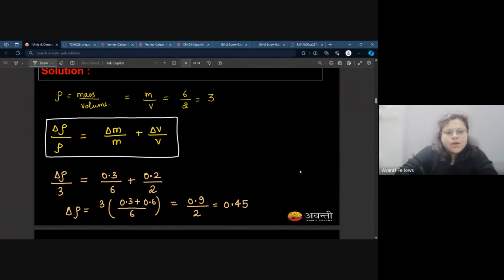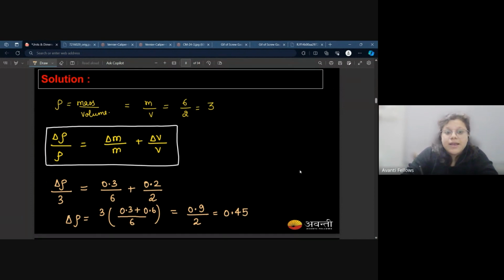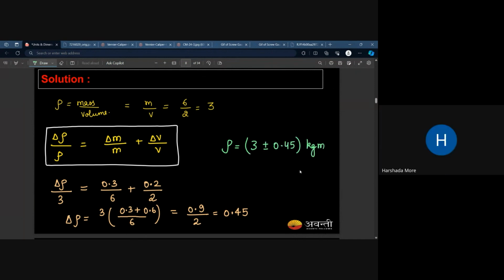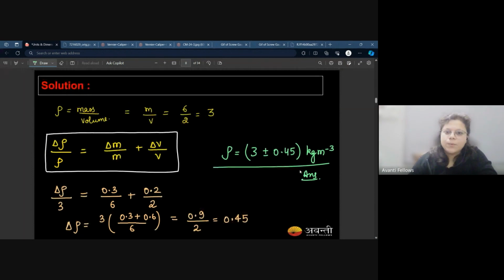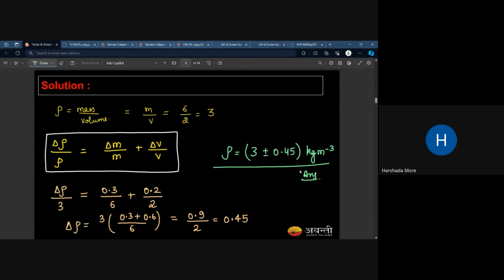Okay. So when I want you to write the expression of the density, you will answer me like this: ma'am, the density of this block will be 3 plus minus 0.45 kg per meter cube. This is the right way to answer the question. Are you okay with this? Yes, ma'am.